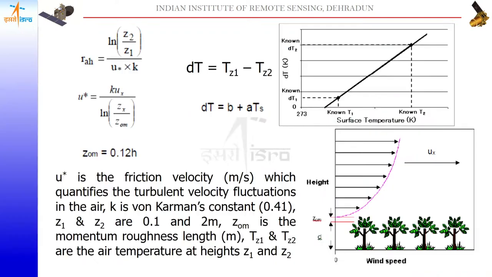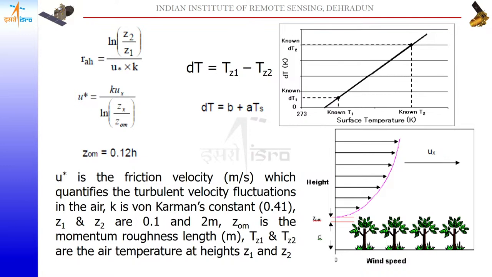So these hot and cold pixels ultimately make a scatter plot between land surface temperature and dT variability, which is based on some meteorological parameters such as friction velocity, or you can say zero plane displacement. If you go through the details of the SEBAL manual and METRIC manual, you may get all the details, but for the sake of understanding, based on the temperature gradient, first we finalize all the values from our observatories.